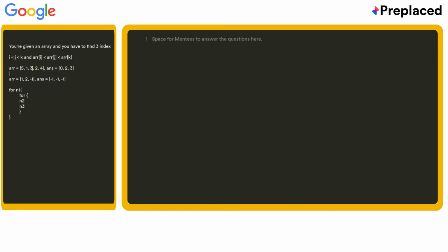So 1 and 3 and 4. So 3, I start comparing to 3, 2, 4. 5, I don't find anything from 5 to the next one.